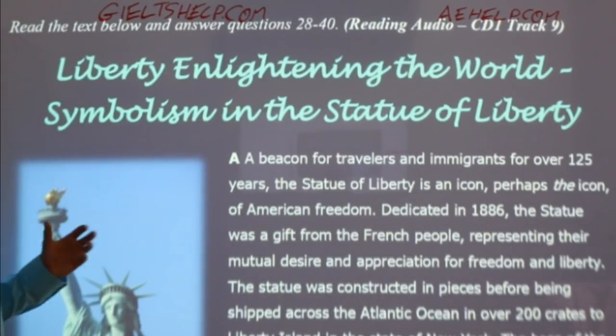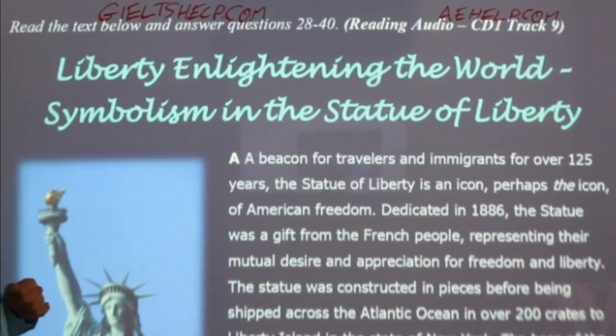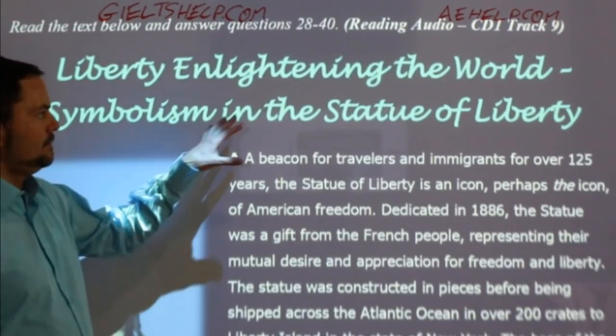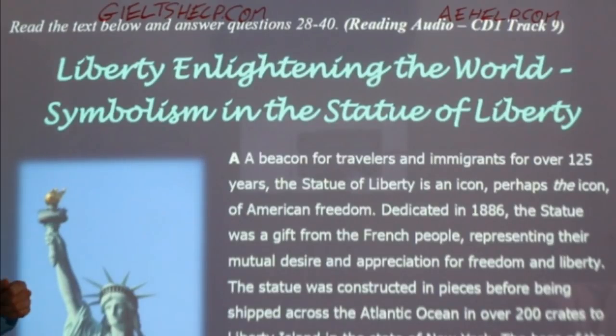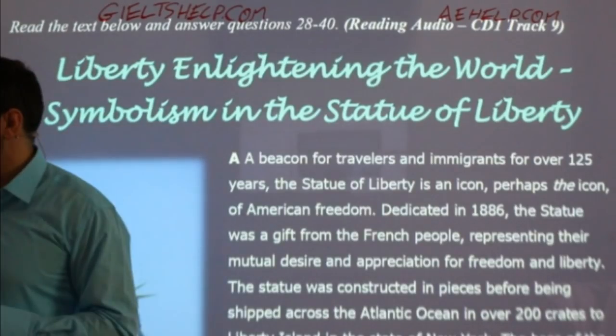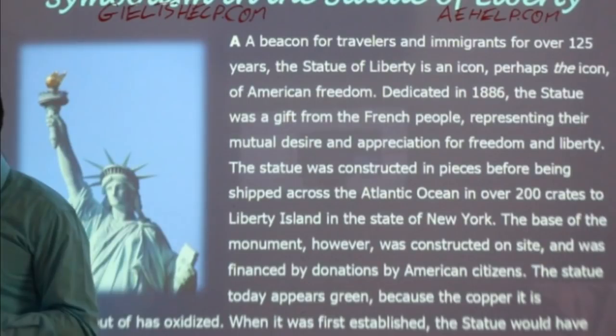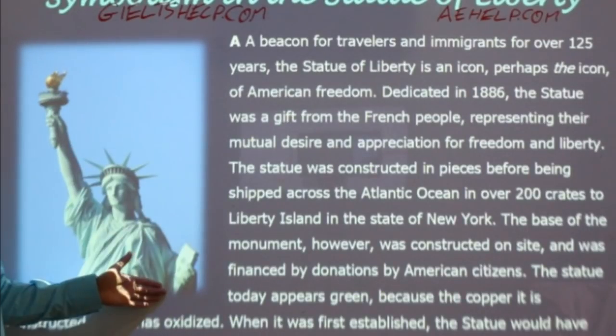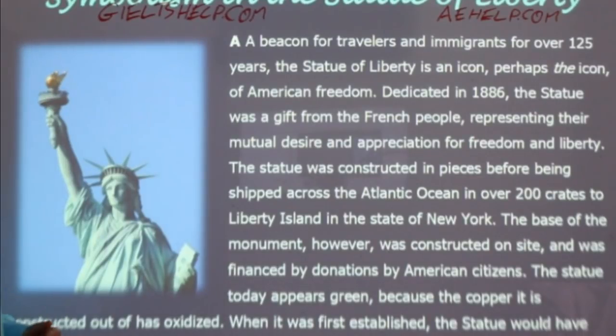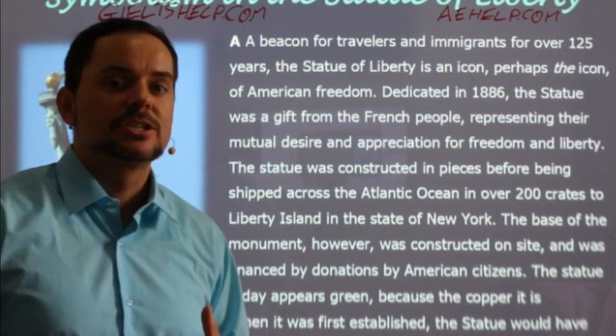What are these symbols of the Statue of Liberty? That's what I'm reading about. There is this massive Statue of Liberty, and clearly it has some unique features, like the tablet in the left hand, the torch raised high in the right hand, the crown on the head. Those all have meaning, and I guess this is what the text will explain.